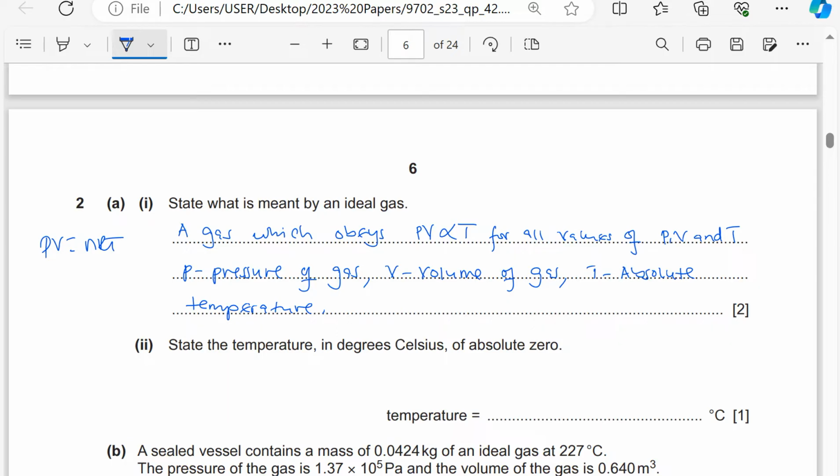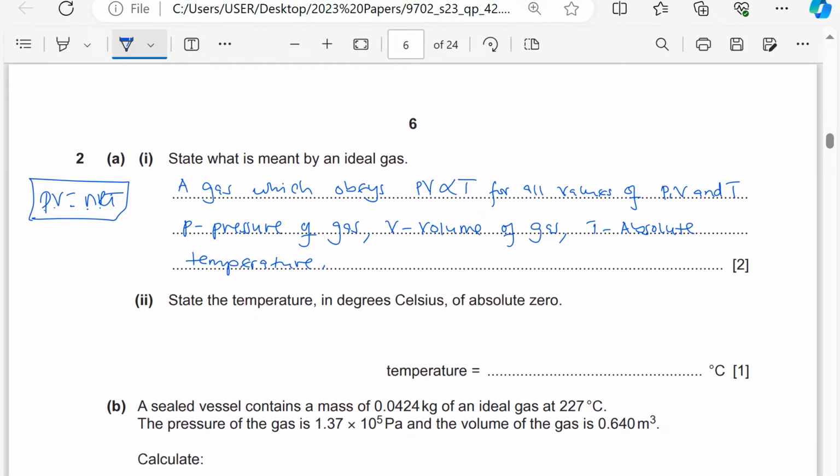So a gas which obeys PV directly proportional to T for all values of P, V, and T is said to be an ideal gas. Or a gas which obeys the equation PV is equal to nRT, where P is pressure, V is volume, n is number of moles, R is the molar gas constant, and T is the absolute temperature, is called an ideal gas.